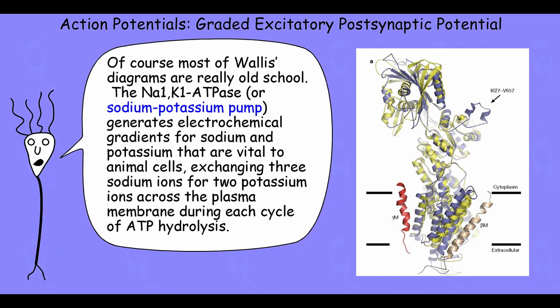This combination of the efflux of potassium together with the sodium-potassium pump means that trailing behind the action potential is this dynamic repolarization mechanism that keeps the action potential going in only one direction and restores homeostasis to the membrane following that action potential.